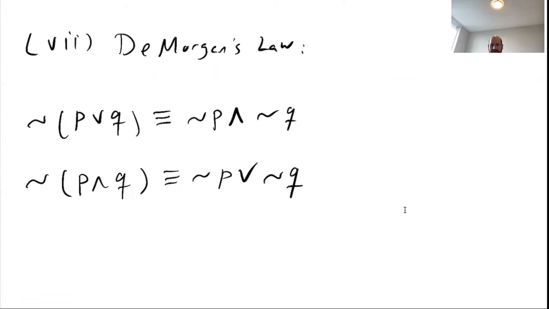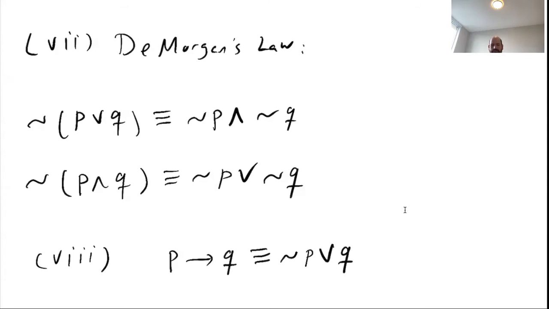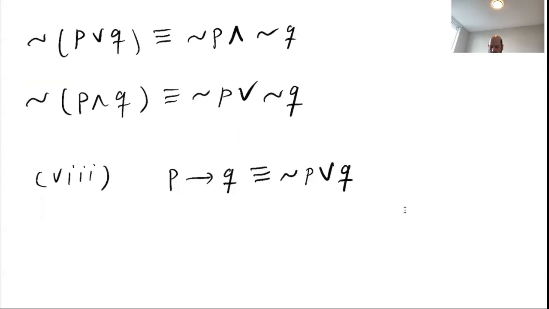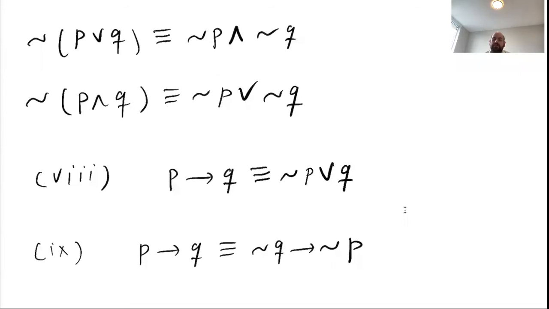Okay, another important thing, 8: P implies Q is the same as negation P or Q. Another one, 9: P implies Q is the same as negation Q implies negation P. This one, number 9, we cited last time, that an implication is always logically equivalent with its contrapositive.